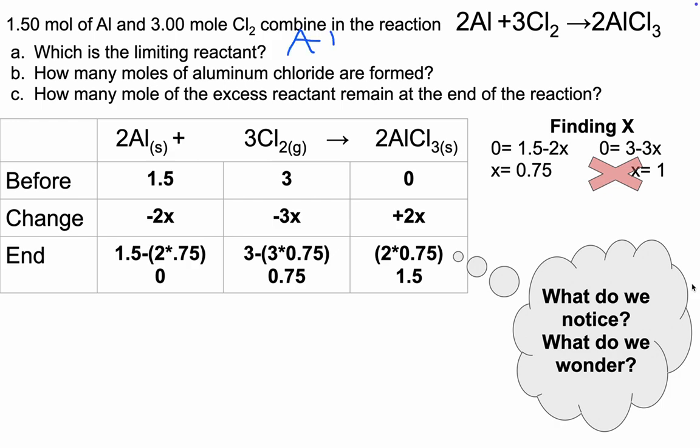That's my limiting reactant. How much do I have at the end of aluminum chloride? Well, I started with 0, then I'm adding to it, making 2x, x is 0.75, so I'm going to end up with 1.5 moles of aluminum chloride in the end. And then how much of my excess remains at the end?